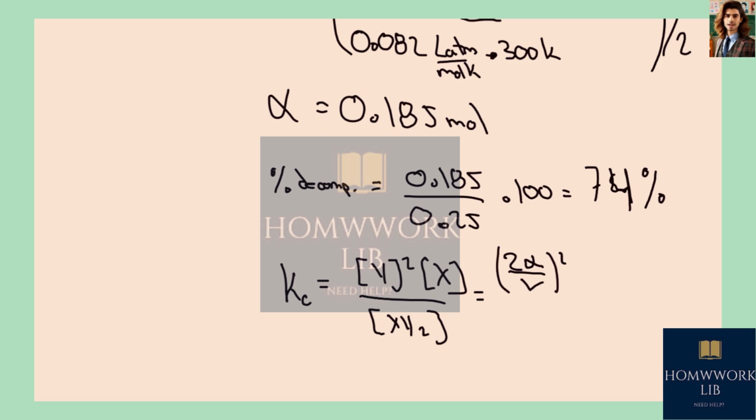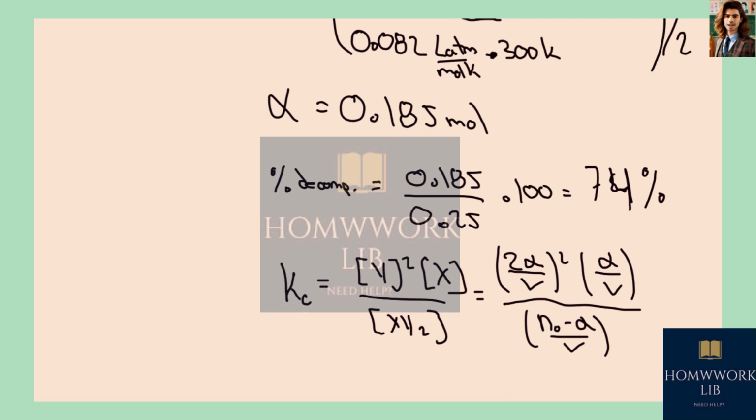This is going to be squared multiplied by alpha divided by volume, divided by N0 minus alpha divided by volume. This is in terms of concentrations. So replacing the values for alpha, the value that we find for Kc is going to be equal to 2.046 times 10 to the minus 3.